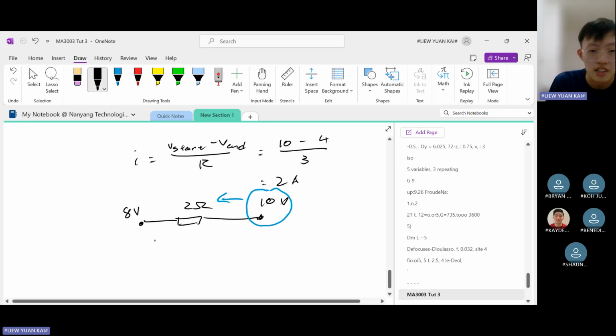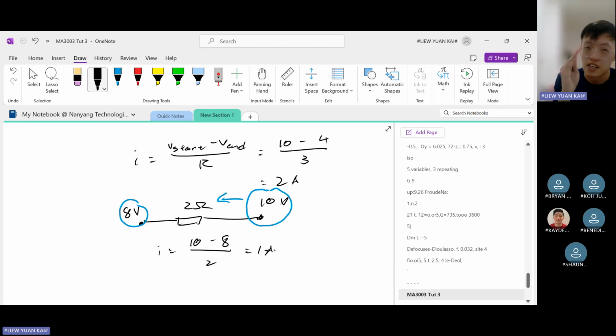Let me calculate the current. This current will be 10 minus, and where does the current end its journey through the resistor? Here, so the 8 volts will be Vn, divided by the resistance, which is 2. So 2 divided by 2 is 1 ampere. You must stick with this convention. The V start and the Vn, the direction actually matters, and same with temperature.